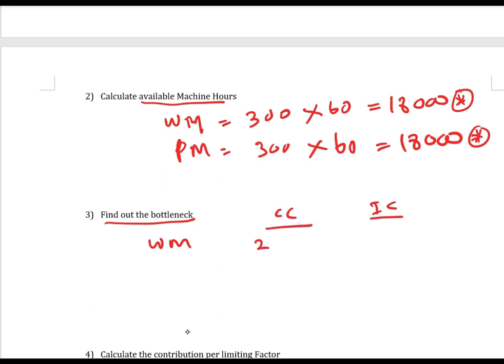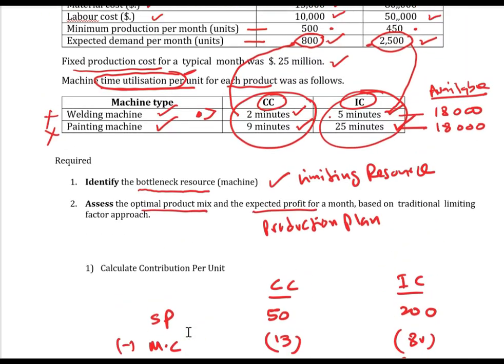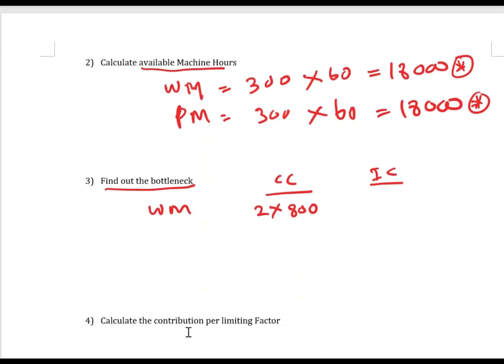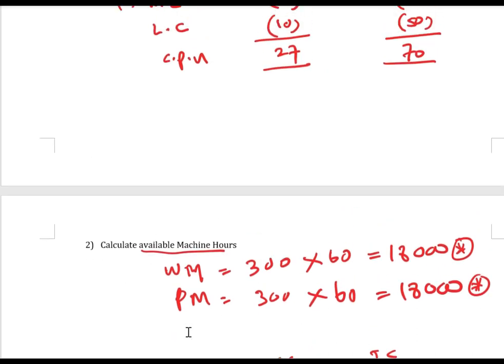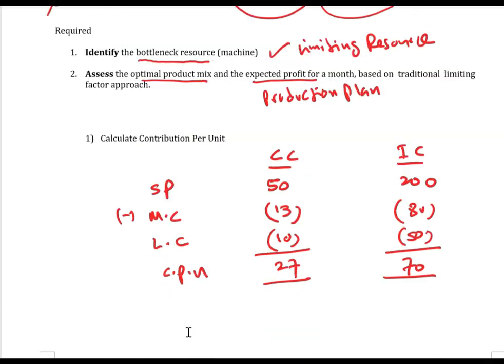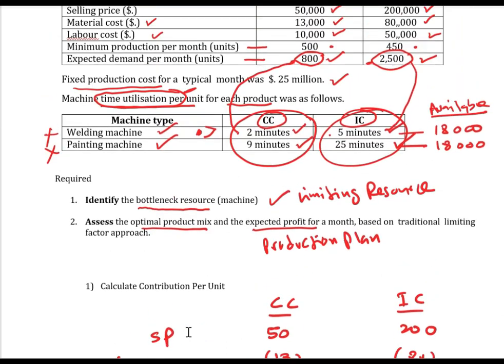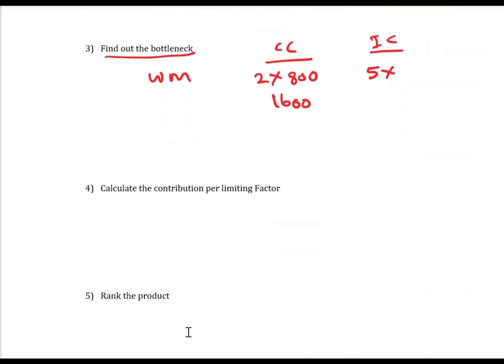You need 2 minutes to meet the expected demand of 800, which will be 1,600, and for IC you require 5 minutes times 2,500, which is 12,500.